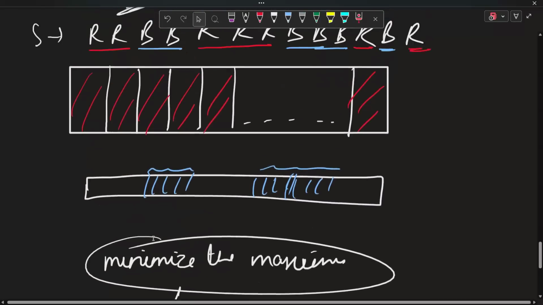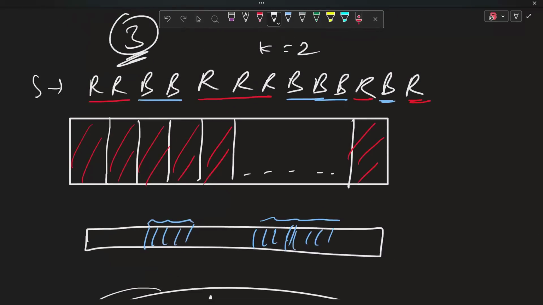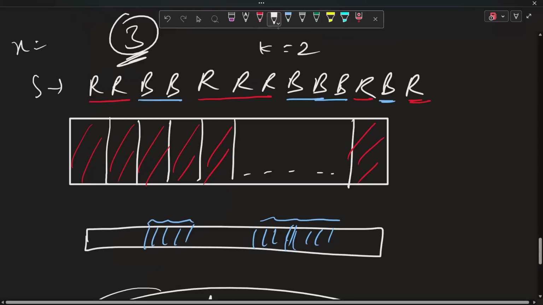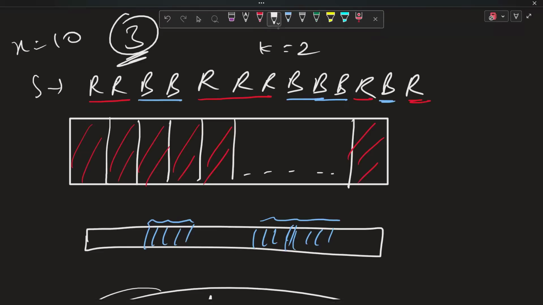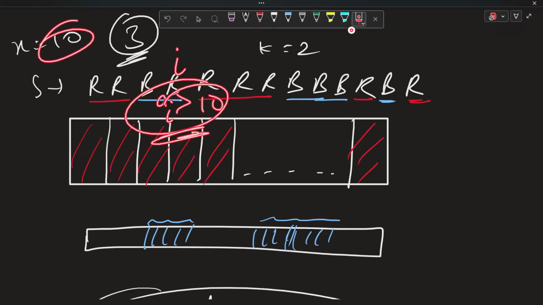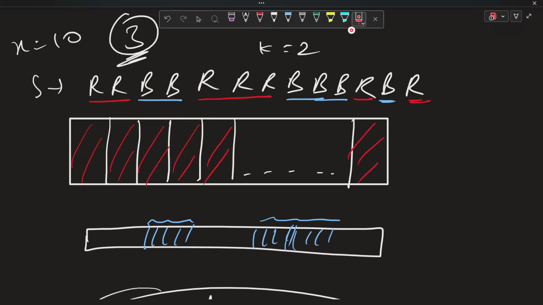If I'm assuming that my answer is some X, let's say X is 10, that means for my answer to be 10, I should not have a penalty of more than 10. If I have an i for which A[i] is more than 10, then I need to make sure that it is the same as the color desired for it.